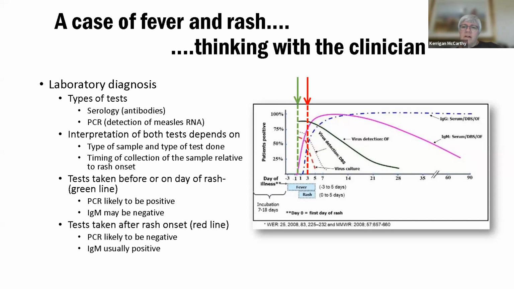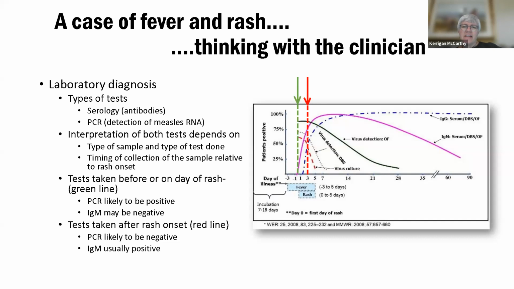The purple line that does an exponential curve and then declines slowly after that by day 90 is IgM, immunoglobulin class M, that is found in serum or dried blood spot or oropharyngeal swab.